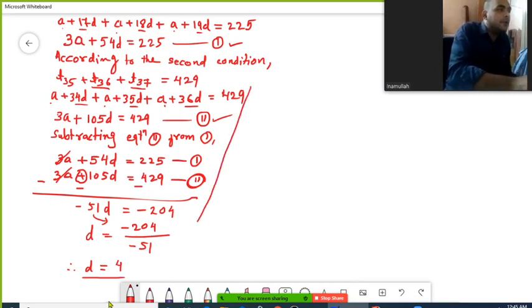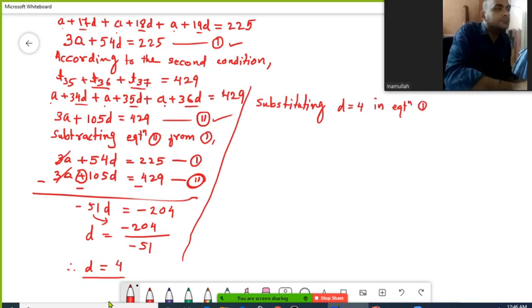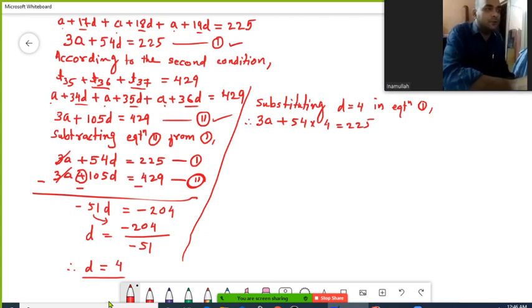Now we can substitute the value of D in either equation 1 or 2 to get the value of A. So I am substituting D as 4 in equation number 1: 3A plus 54D is 225. After substituting, you get 3A plus 54 into 4, that is 216, equal to 225.